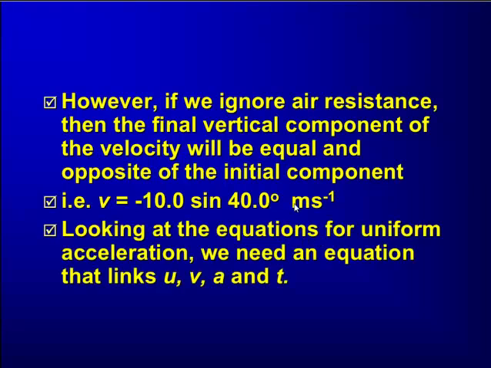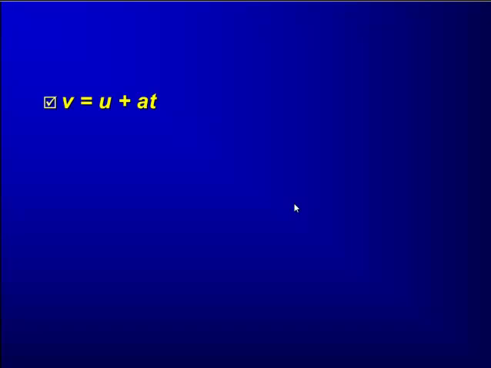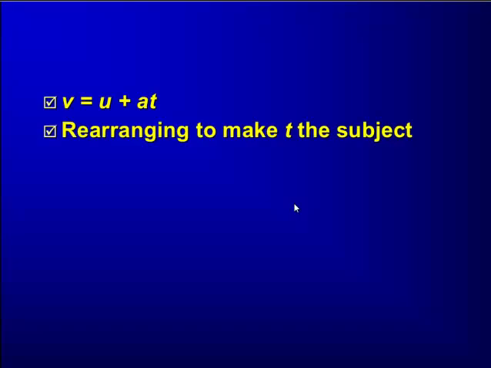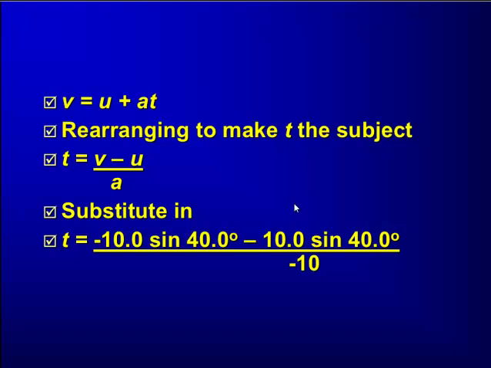Now, if we use an equation of motion with uniform acceleration, we've got more values available to us. So we use v equals u plus at, rearranging to make t the subject: t equals v minus u divided by a. Substituting the values we know, the time equals 1.286 seconds.